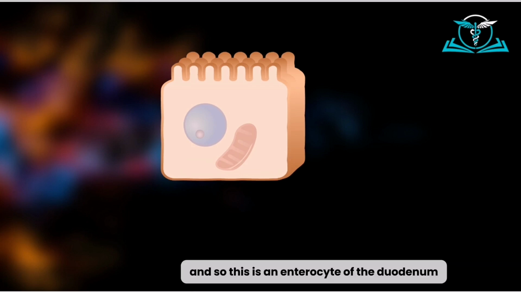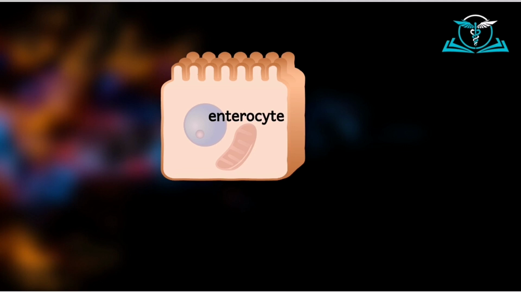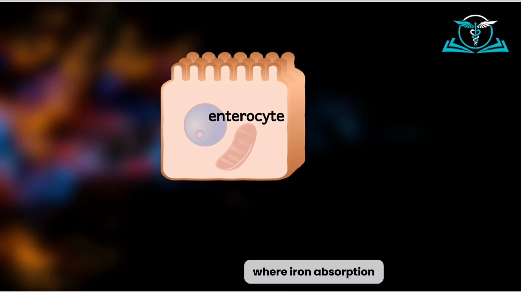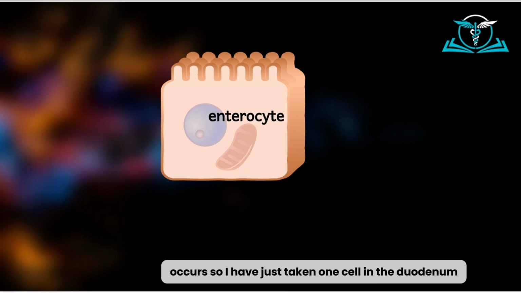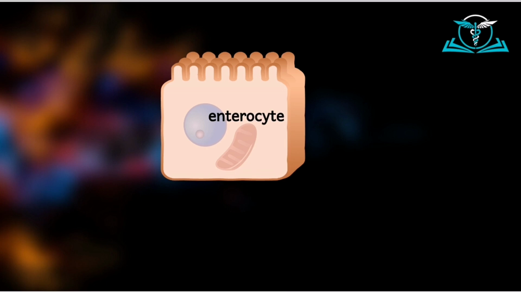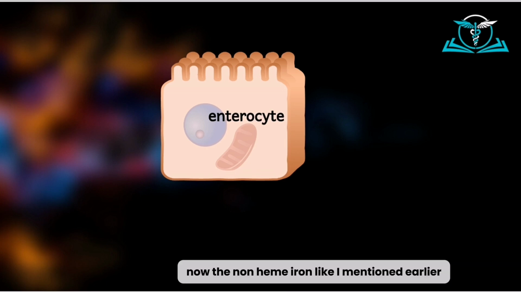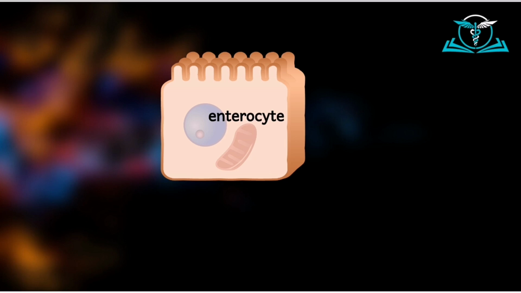And so this is an enterocyte of the duodenum where iron absorption occurs. So I have just taken one cell in the duodenum, and that is it. Now, the non-heme iron, like I mentioned earlier, exists usually in the ferric form or Fe3+ mainly.